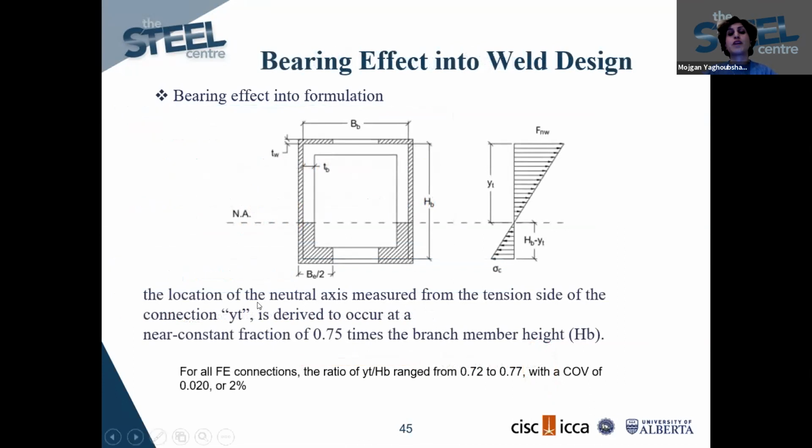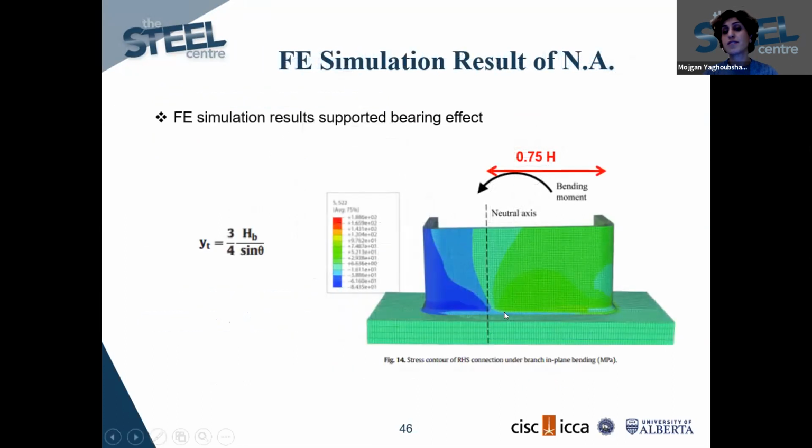For the neutral axis, it was calculated that the location of the neutral axis for most of the finite element specimens happened at the 3/4 ratio of the branch depth, which was also supported by the finite element solution as well.